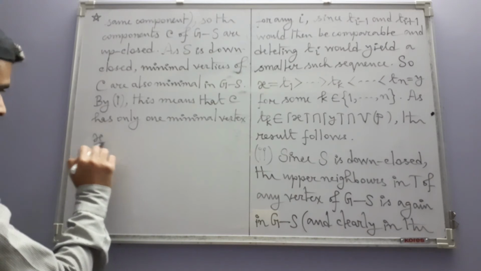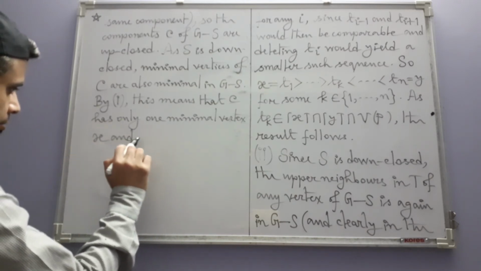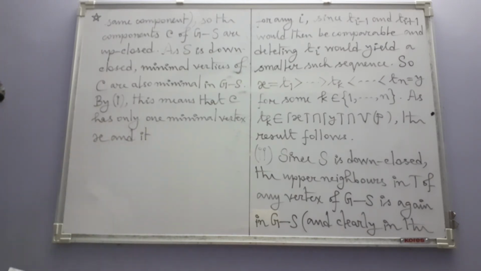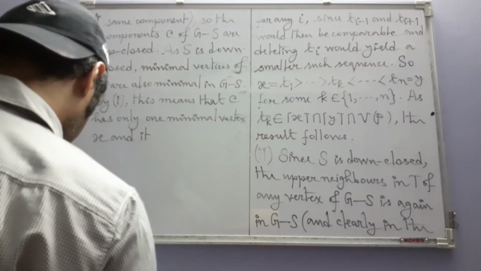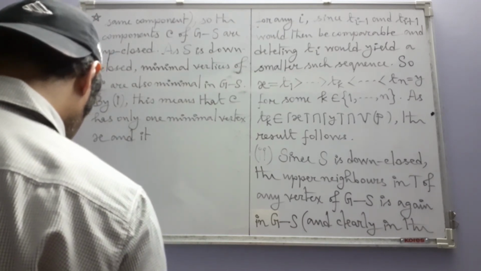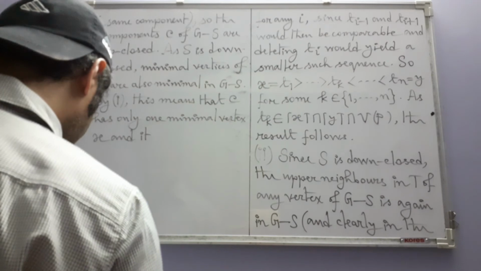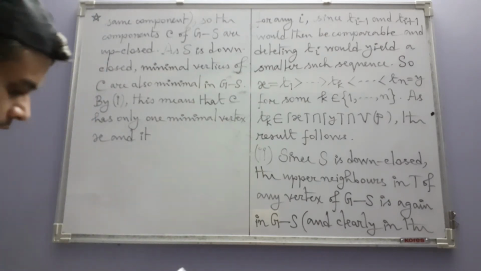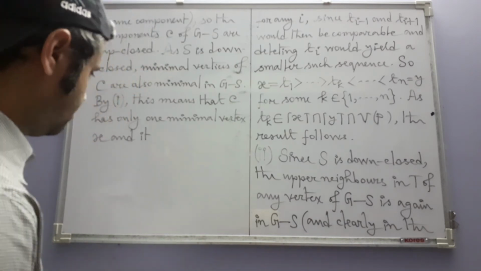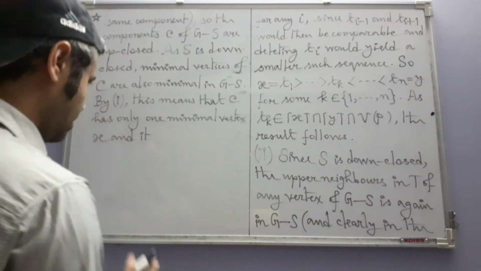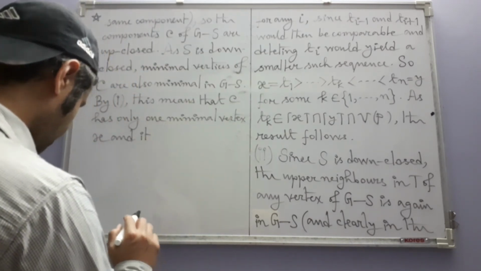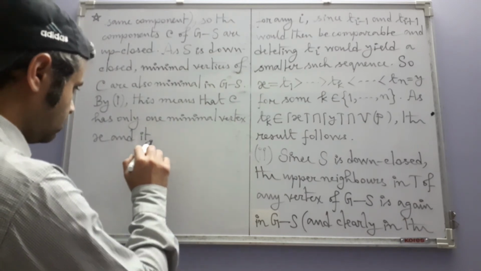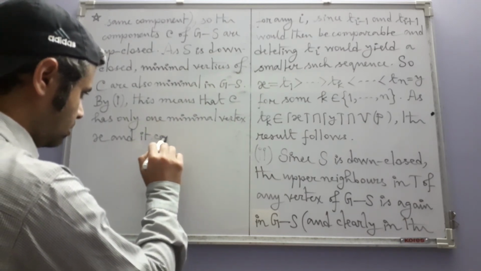X, and it equals its subclosure. No. How can it equal its subclosure? Okay, let's write it down and then we will see if it is what the author is saying.